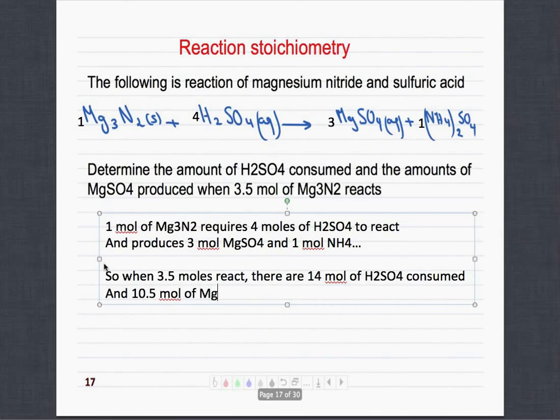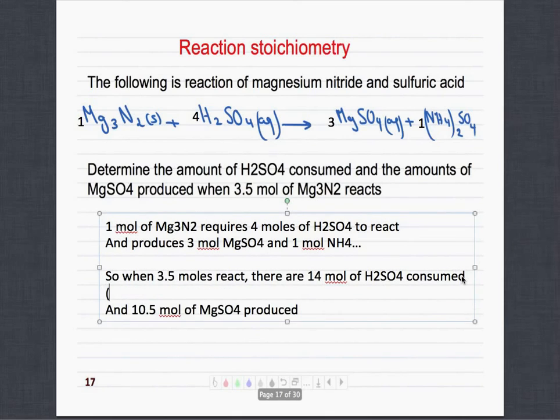So for each 1 mole of magnesium nitride, I need 4 moles of H2SO4. I'm consuming 4 moles and taking the stoichiometric coefficient there.